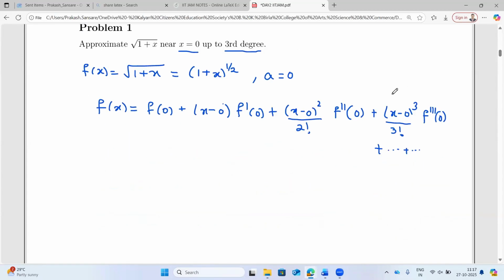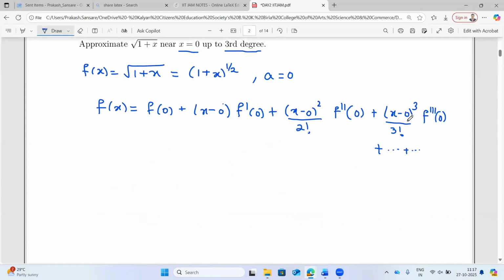Since I need third degree, so x power 3, I'll go up to x power 3.